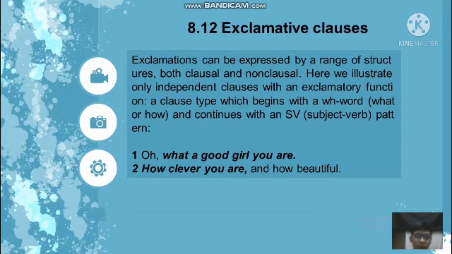An exclamatory sentence, also known as an exclamatory clause, usually concludes with an exclamation point. Yes, usually, but not always.